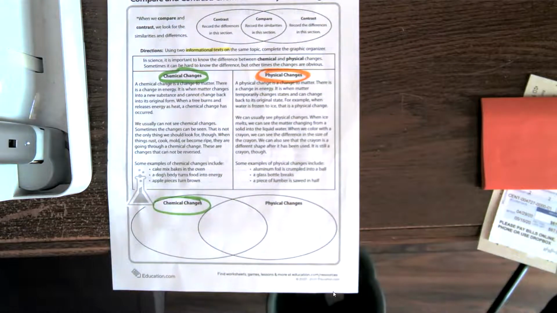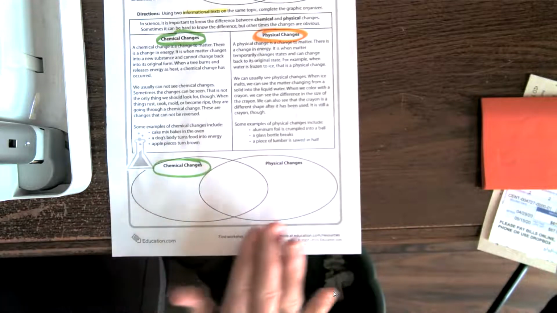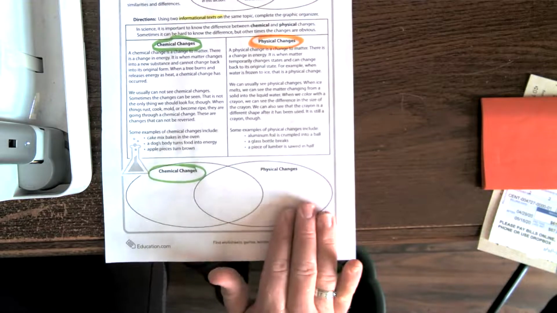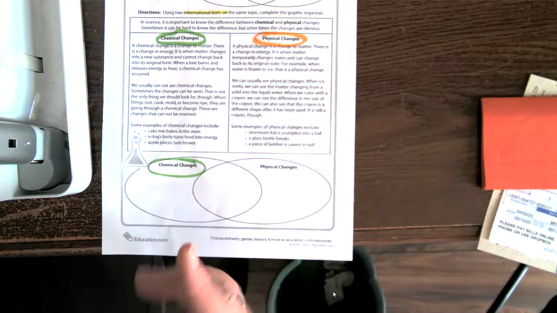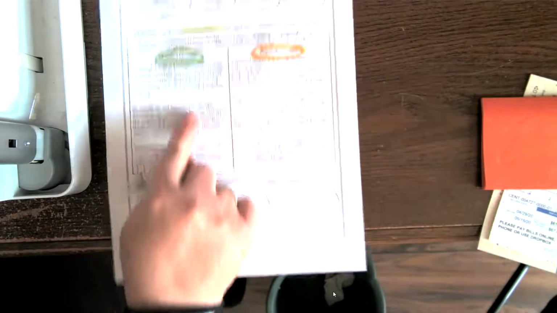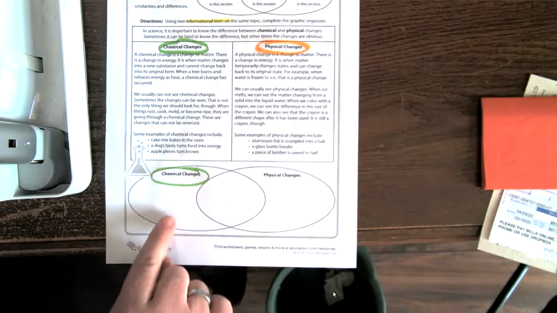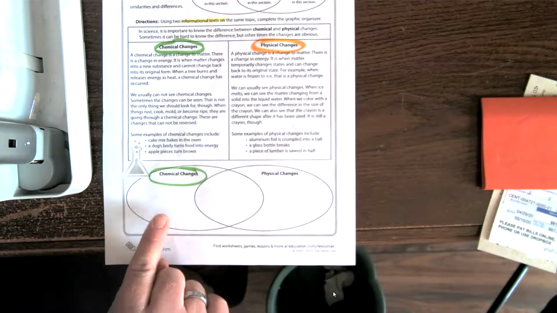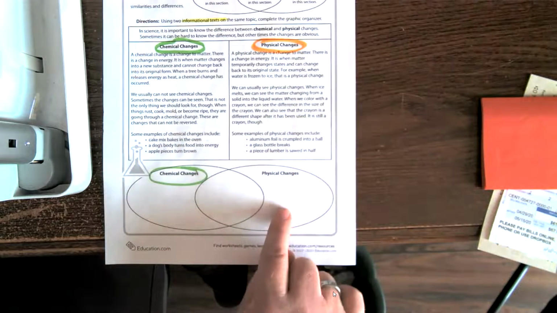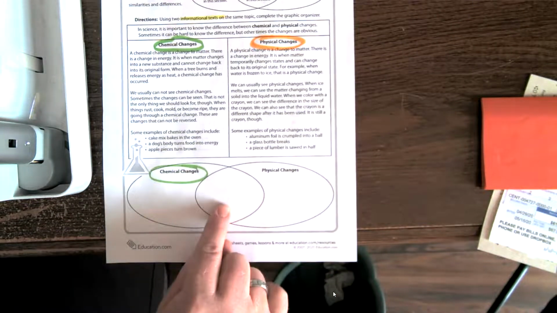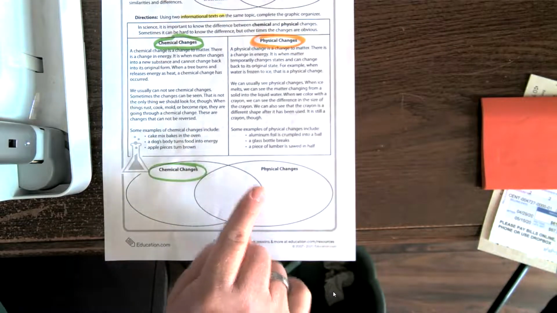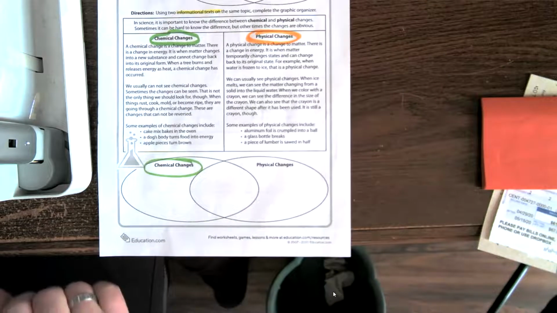What I want you to do is use this Venn diagram down here where you've got things about chemical change, things about physical change, and in the center, what do we put? Stuff that they have in common. So I want you to read the informational text, write down ideas or definitions of chemical change, maybe even use that website that I showed you, then read about physical change, and before you write what they have in common, go back and reread it again and see if you can fill out this center.